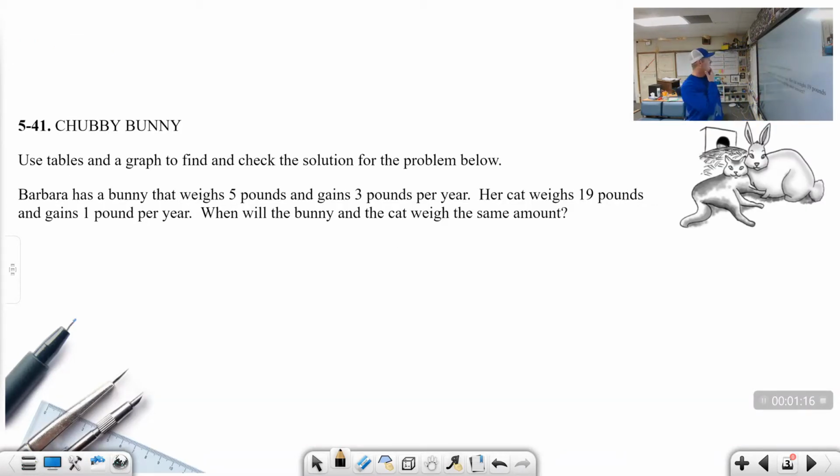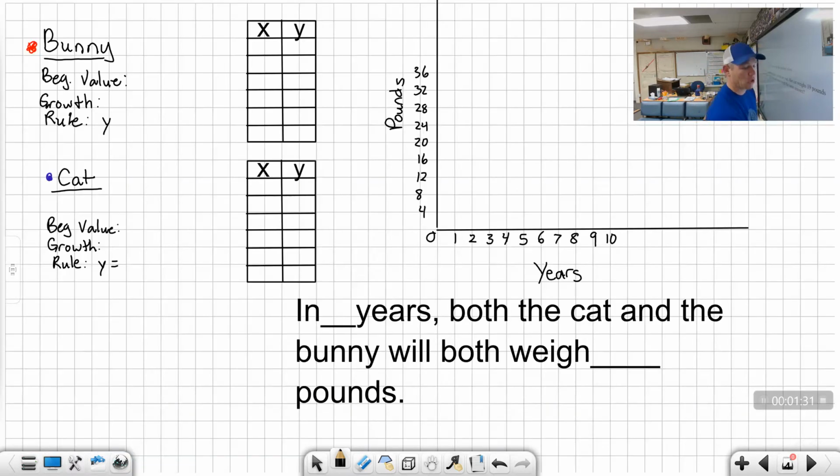So here we go. Chubby bunny, fat cat. You notice we've got a pretty chubby bunny over here, and the cat, it's a big cat. So we're going to use tables and a graph to find and check the solution to the problem below. You'll notice in your notebook, you have room to do the bunny and the cat. Write the beginning value, the growth, all that sort of thing.